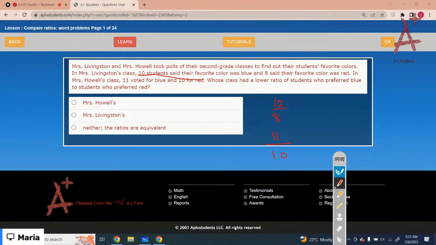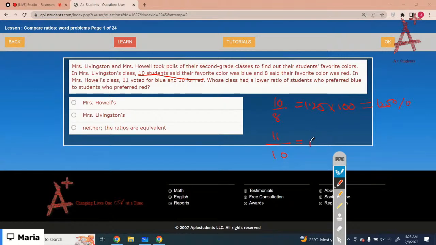Got it? Okay, let's just find out the percentages. Got it? Just do 10 divided by 8. It would be 1.25. Just multiply it by 100. It would be 125%. Got it? Then you have to do 11 divided by 10.